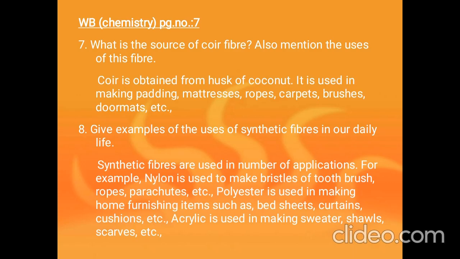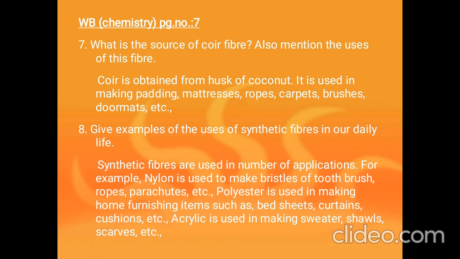Now, take down your workbook, page number 7, and note down the questions. Right? Question number 7: what is the source of coir fiber? Also mention the uses of this fiber. Coir is obtained from the husk of coconut. It is used in making mattresses, padding, ropes, carpets, brushes, doormats, etc. Then coming to the 8th question, give examples of the uses of synthetic fiber in our daily life.